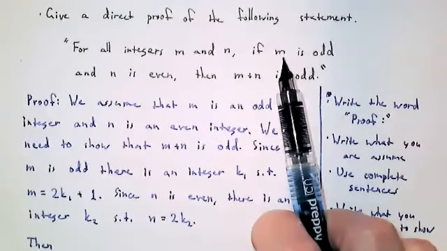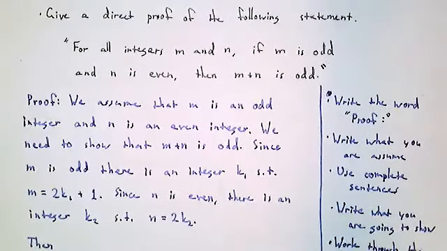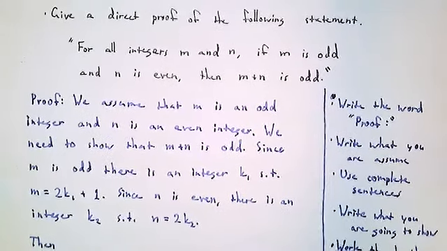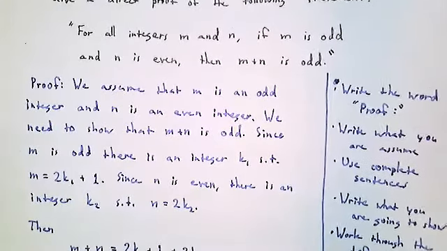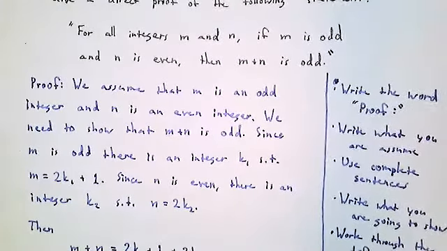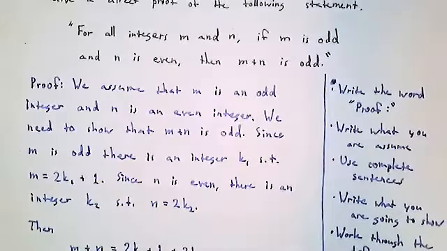Maybe you just have a P. And your proof in that case would look a little bit different. We're going to be looking at many examples of proofs over the next few lessons.